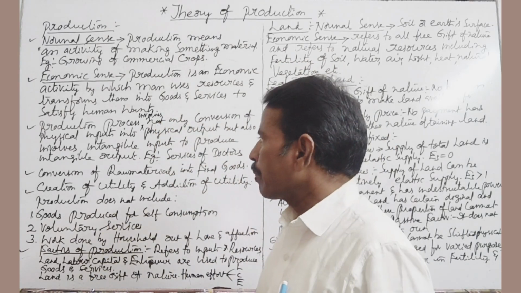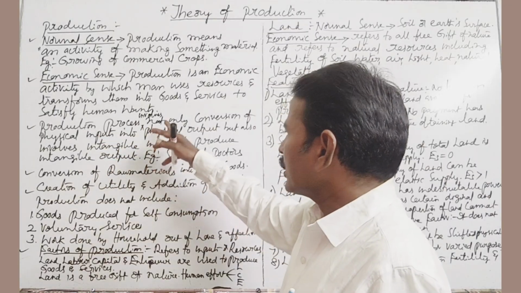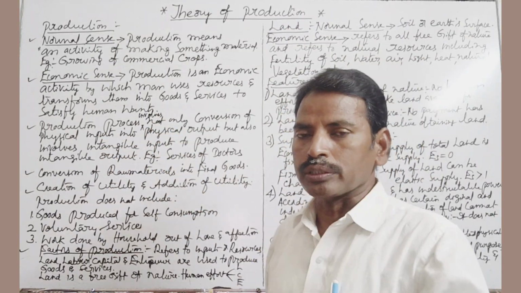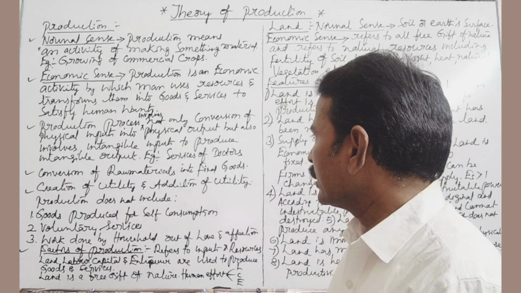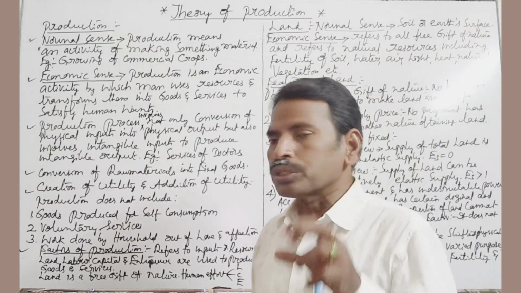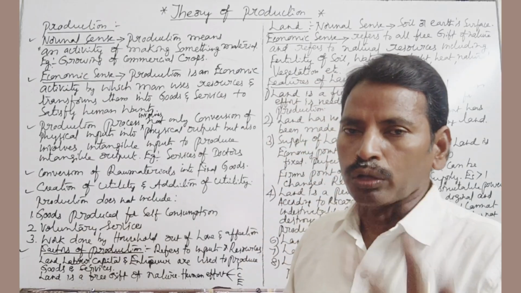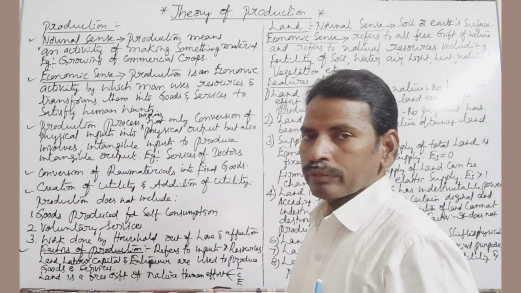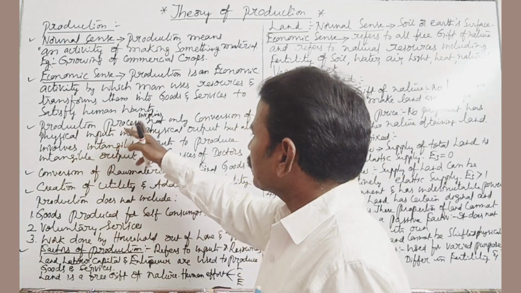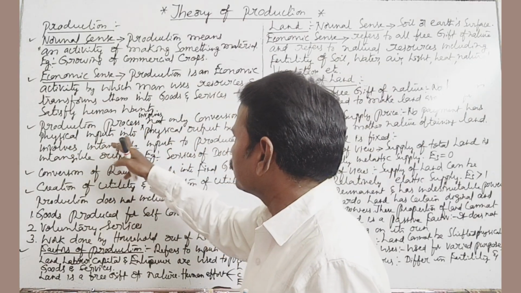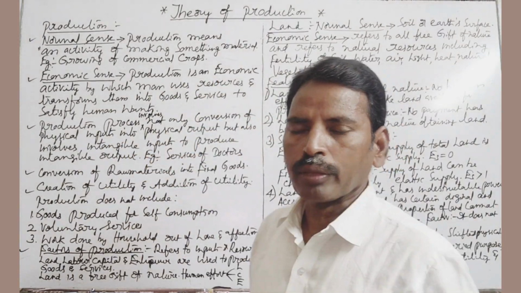In other words, the production process involves not only conversion of physical inputs into physical output, but also intangible inputs to produce intangible output.